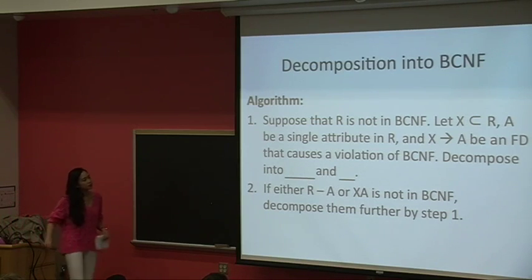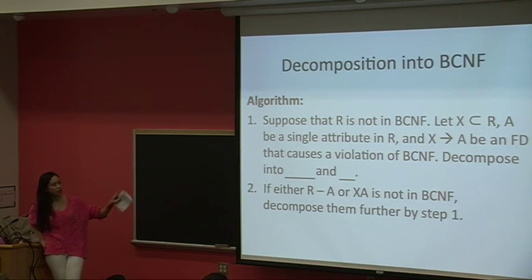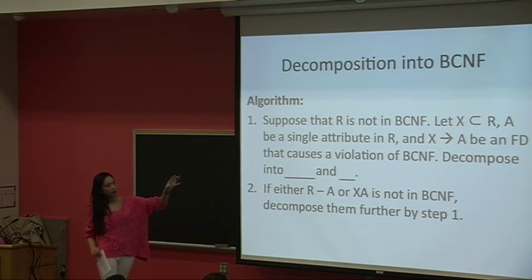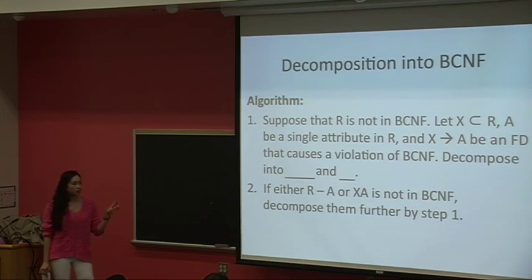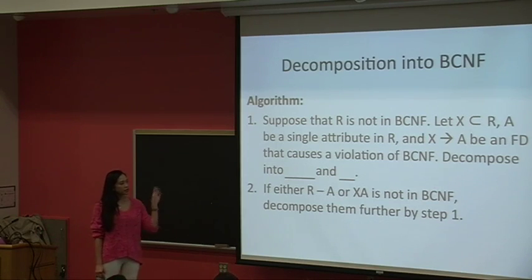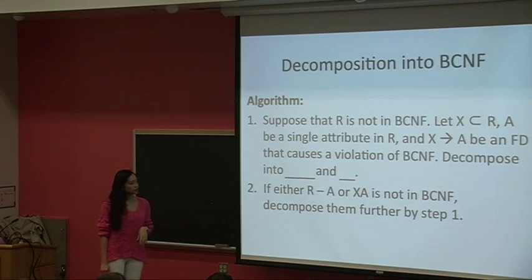In the first step, suppose that the relation R is not in Boyce-Codd normal form, that's why we want to normalize it, decompose it. Then let X, set of attributes, be a strict subset of R, A be a single attribute in R. Okay, so it's not a set of attributes this time. Now A is just a single attribute. Then X determining A be a functional dependency that causes the violation of Boyce-Codd normal form.